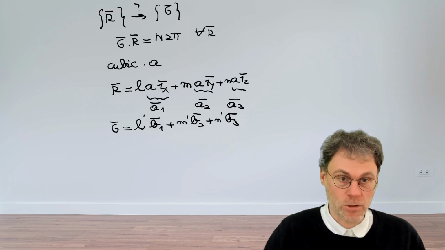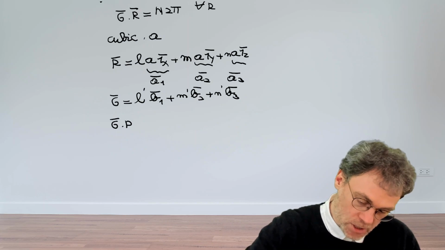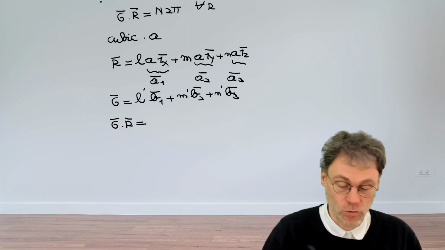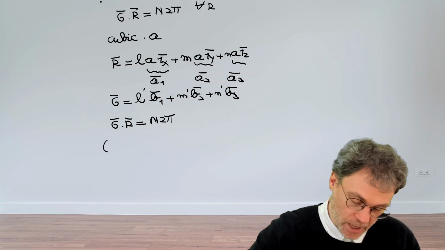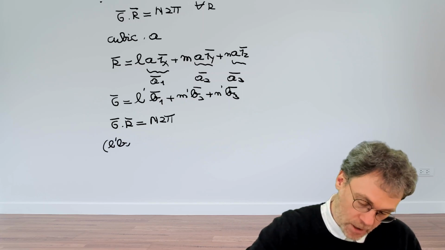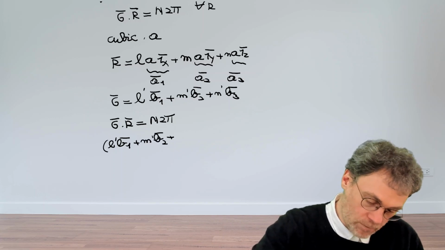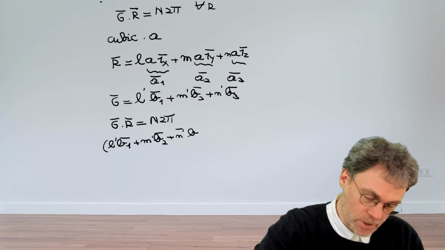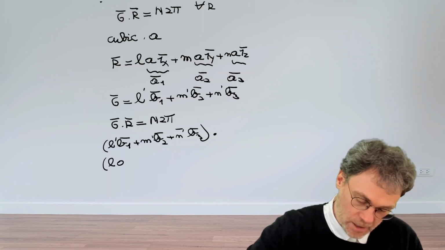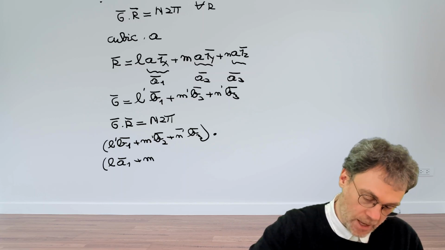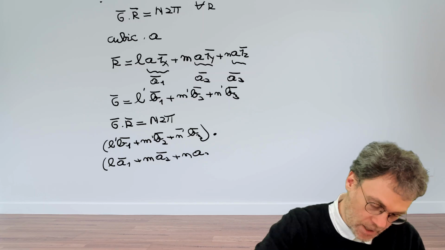Okay, so if you just copy and paste the fact that the scalar product of G with R should be equal to an integer multiple of 2 pi, then we just trivially have l prime b1 plus m prime b2 plus n prime b3, scalar product with l a1, m a2 and n a3.